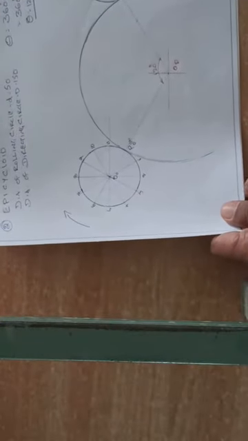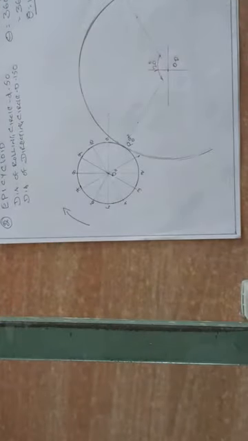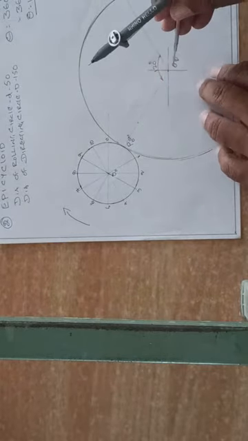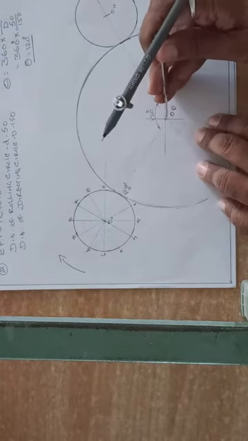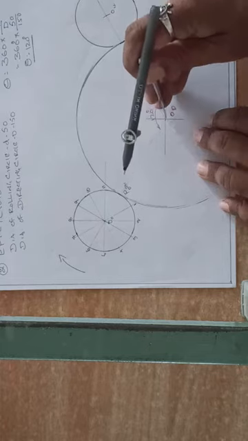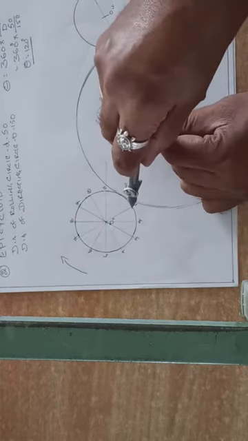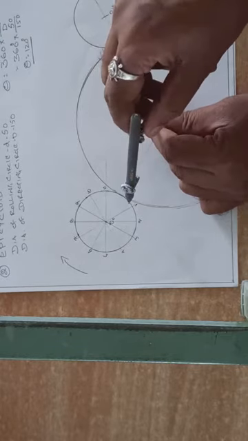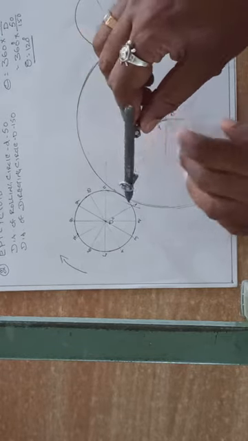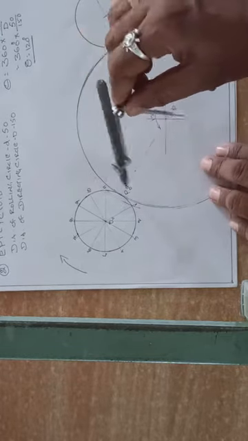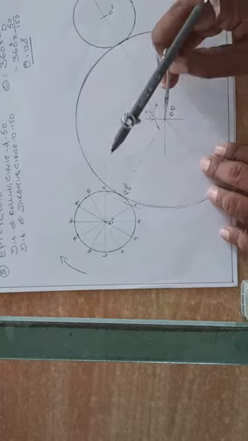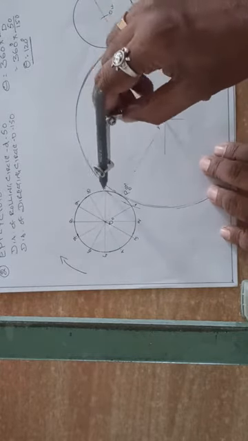Right. Now using a compass, with the center of the directing circle as center, draw the arcs from the points on the circle. So first, an arc passing through 1 and 11.